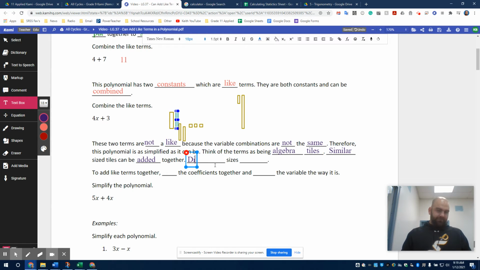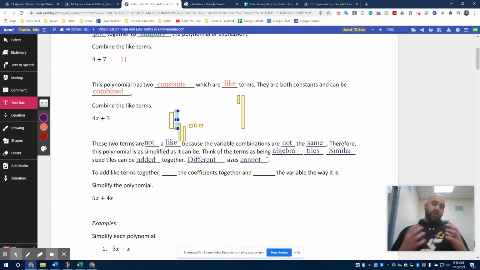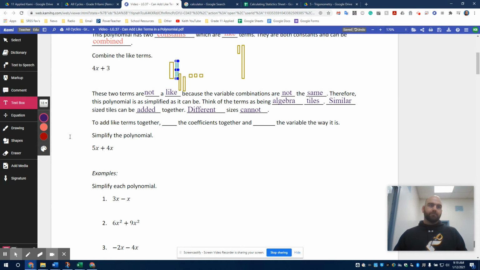Different sizes cannot be added together. So again, same sizes, we can put them together. People, we can put them all together because people are people. We're all humans. But if we're trying to combine people and boxes, that's two very different things, and so we're not going to combine those together.